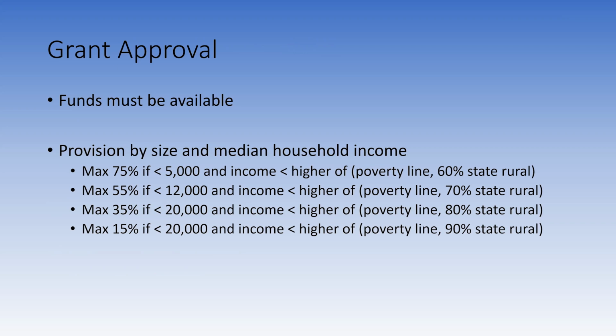But this level should give you some idea of what's reasonable for your community, what's possible for the provision of grant funding versus loans. So the other percentage is money that's available through loans. So this is a combination of loans and grants that are possible.